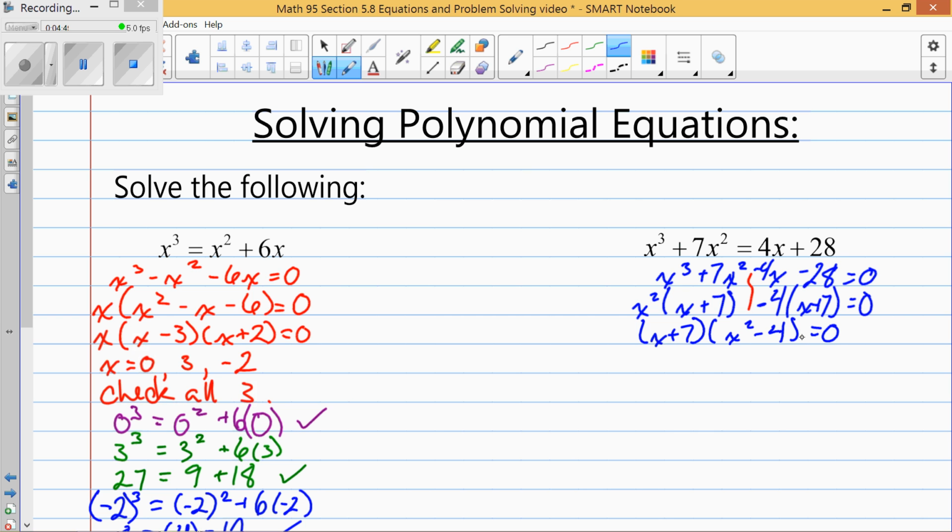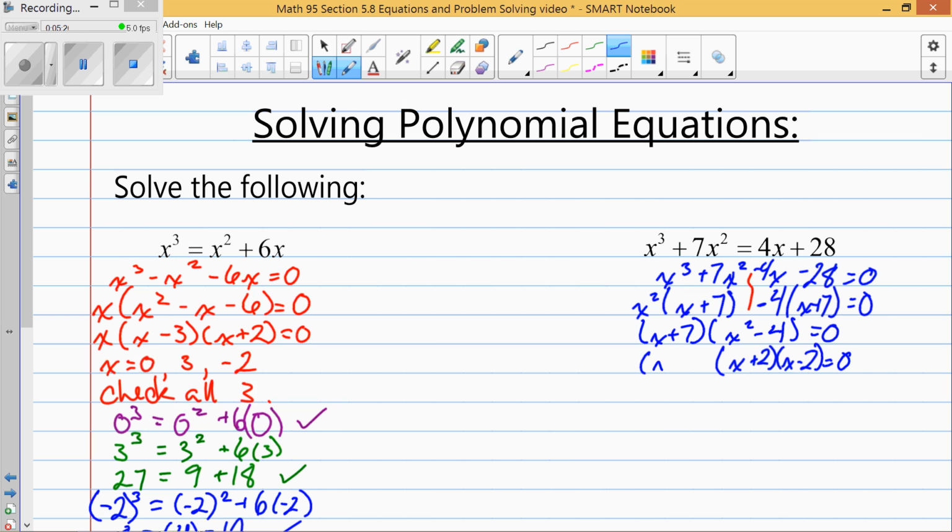But remember, we have to check all of our binomials to make certain that we are done factoring, especially if I have coefficients that look similar, or if I have a quadratic as one of my factors. And x squared minus 4 does factor. This is a difference of two squares, so I'm looking for two things that multiply to negative 4 and add to 0. So give me an x plus 2 and an x minus 2.